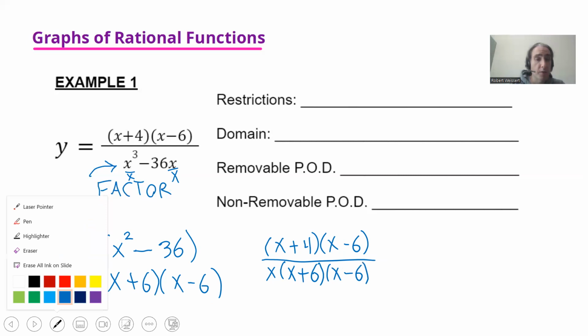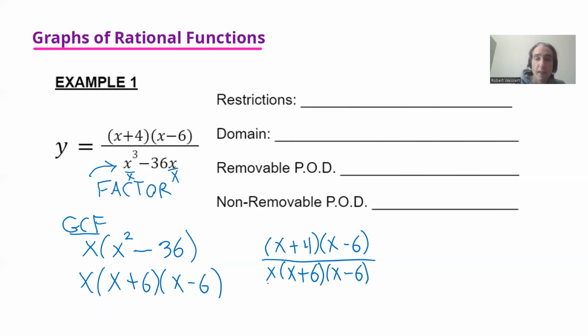So as far as identifying restrictions, let's see if we can identify those. X cannot here be equal to 0. Here, x cannot be -6. And here, x cannot equal +6.